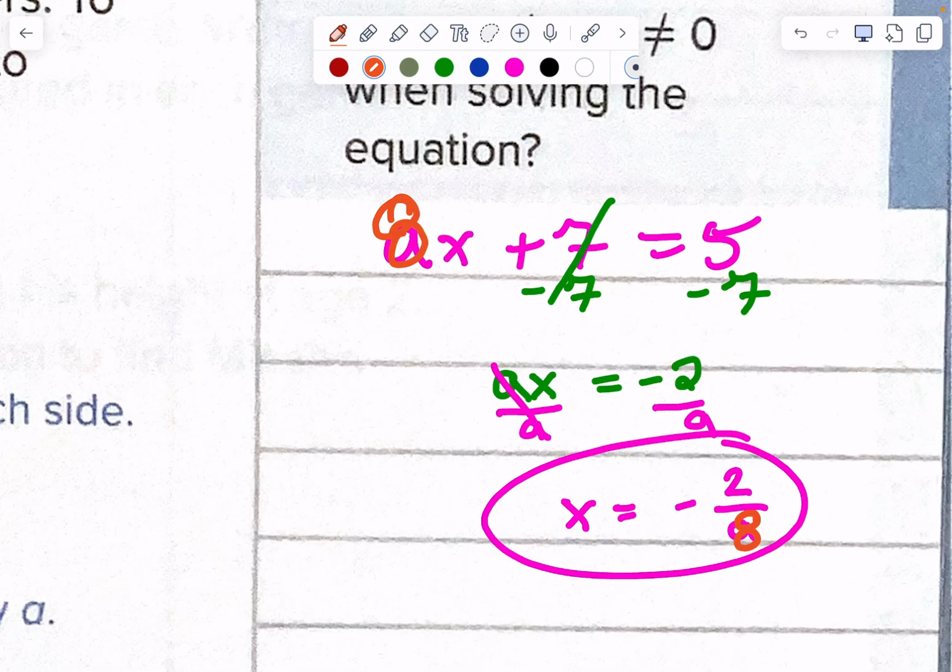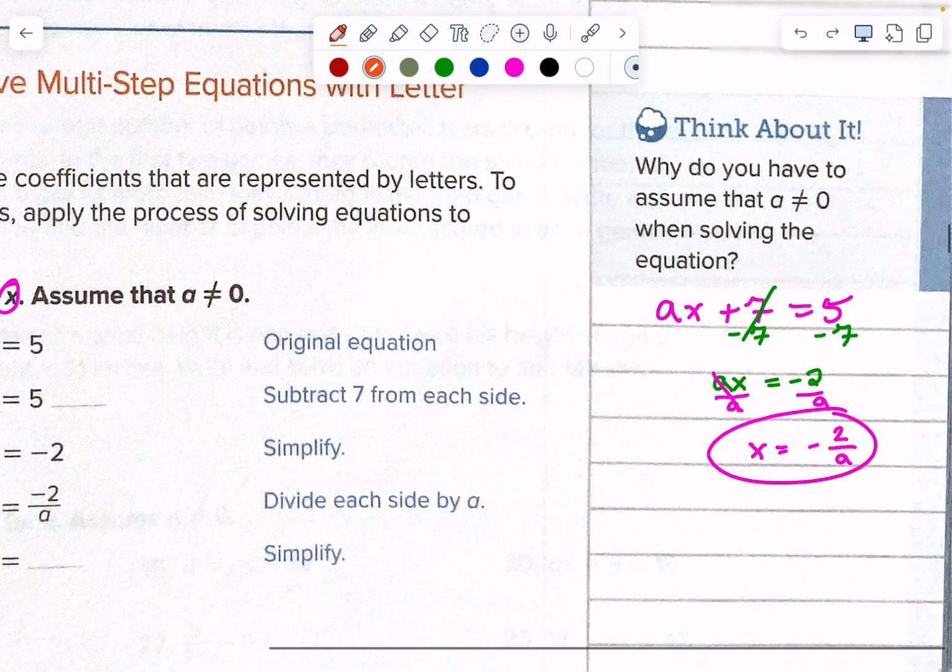So this is really nice to have solved for when I want to switch out that number, like $8 per ticket, $12 per ticket, $4 per ticket, whatever. I know it's not a very good story problem, but that's a time when it's applicable, when you would swap out the number and already have the answer ready to go. You wouldn't have to solve it every time your number was different. So, negative 2 over a.